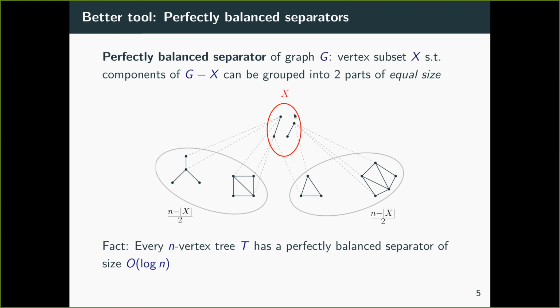So it's n minus the size of the separator over two. And it's no longer true that in a tree you can always find a vertex which is a perfectly balanced separator. That would be too good. But it's an easy exercise to see that you can always find log n vertices, or big O of log n vertices, that form a perfectly balanced separator in a tree.